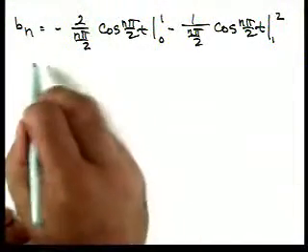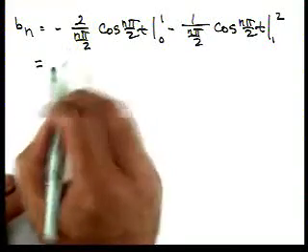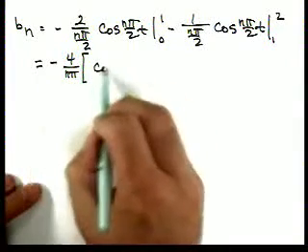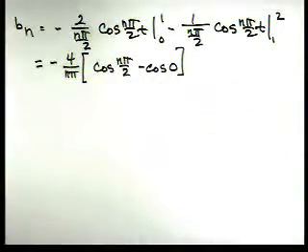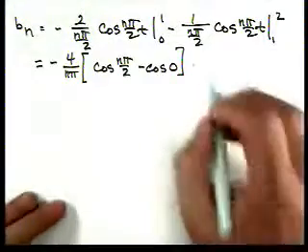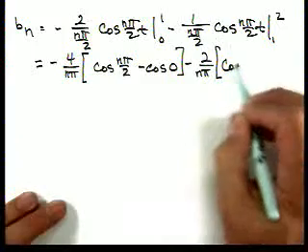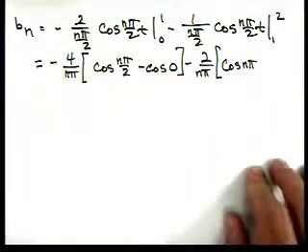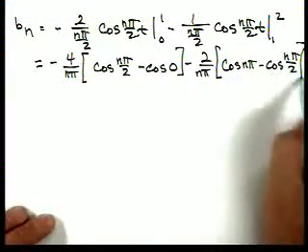And as we continue to work on the math here, we have minus 4 over n pi times cosine n pi over 2 minus the cosine of 0. Okay, so that's plugging in the limits of that term. For the second term, we have minus 2 over n pi times cosine n pi minus the cosine of n pi over 2.